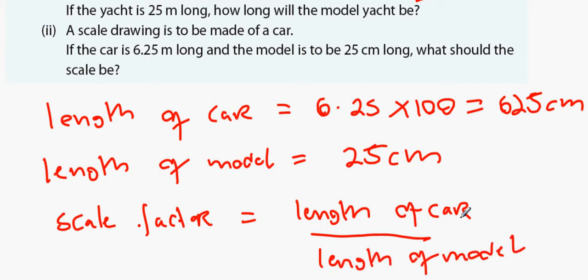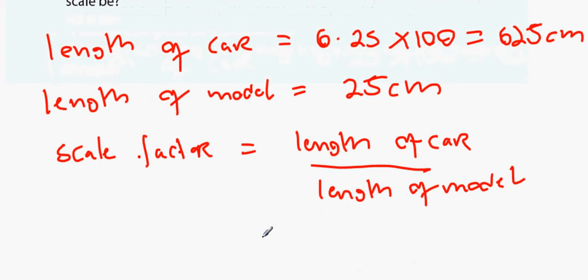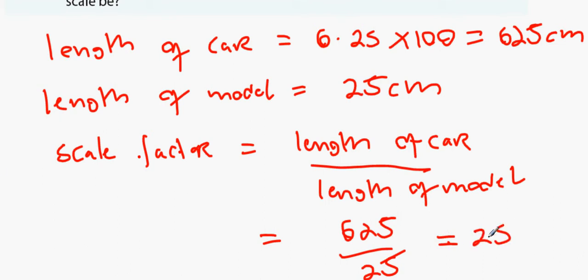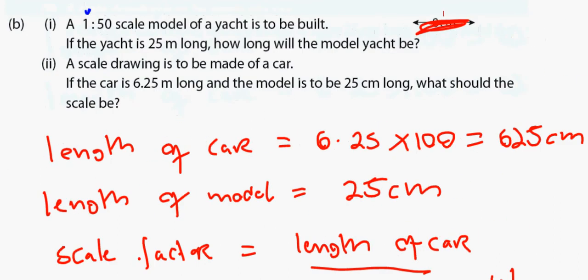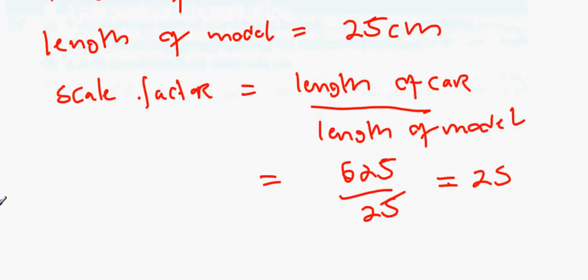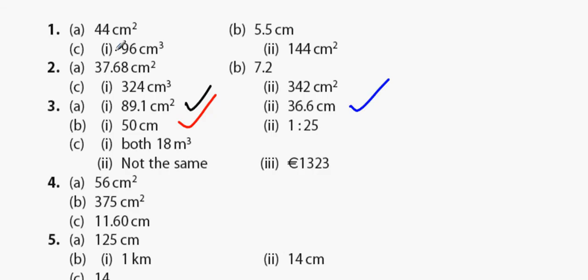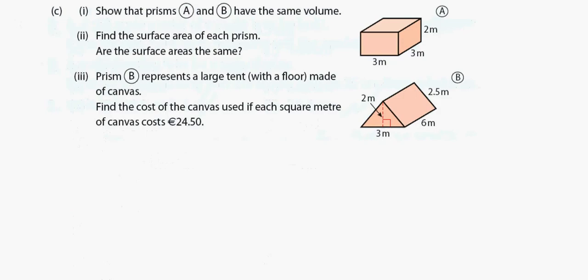Okay. So we get 625 divided by 25. So it's going to be 25 times bigger. Okay, so 1 is to 25 ratio. So the real object is 25 times bigger than the model. Okay. So 1 is to 25. Correct.